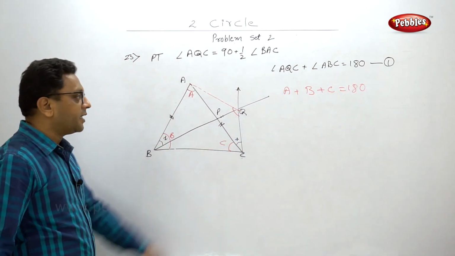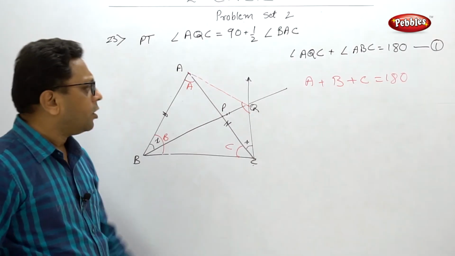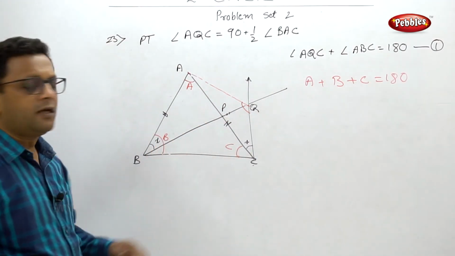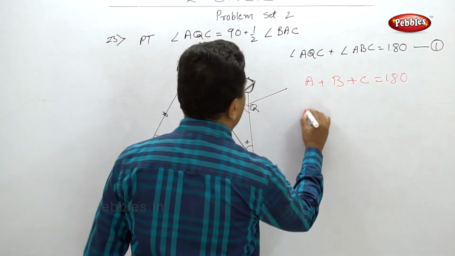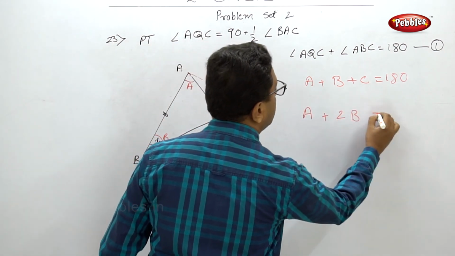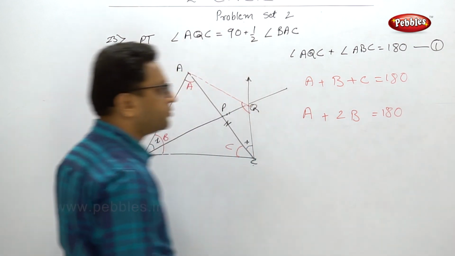But angle B and angle C are congruent. So here instead of C I can write angle B. So I will write that angle A plus 2B is equal to 180.